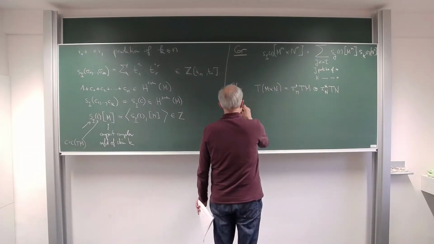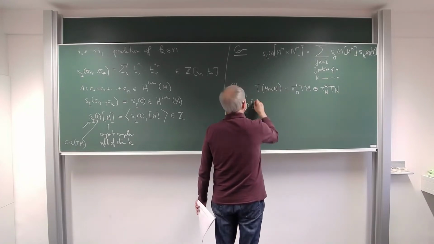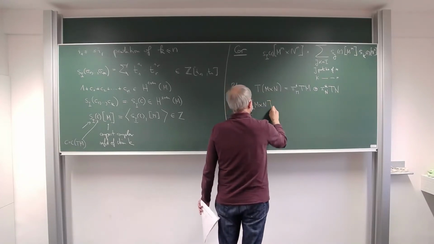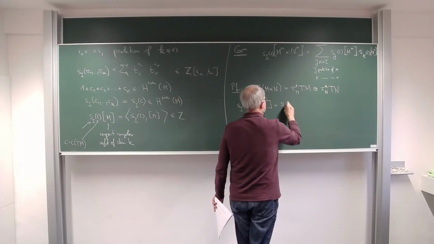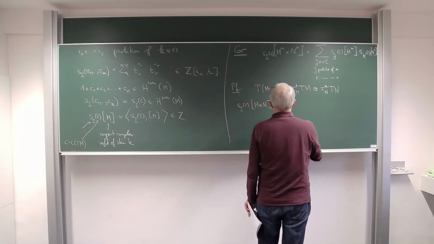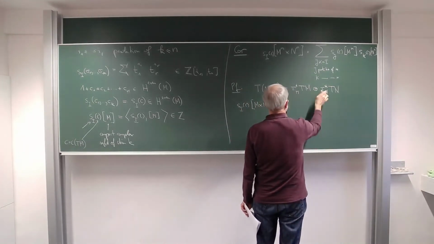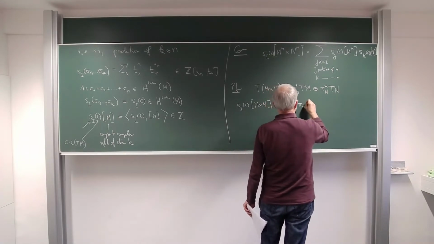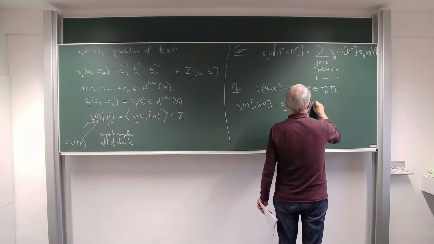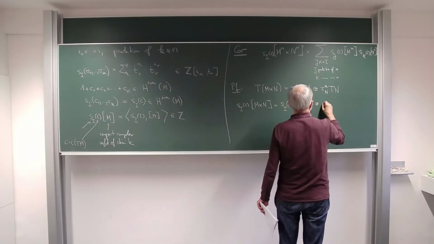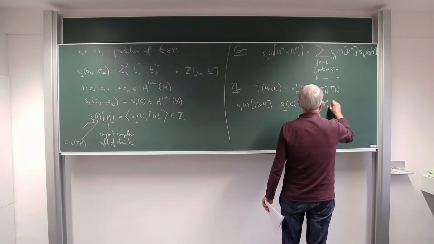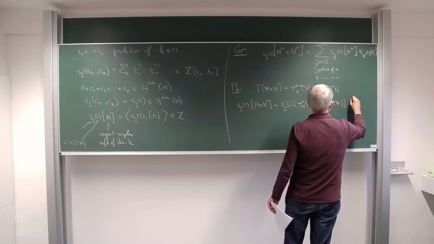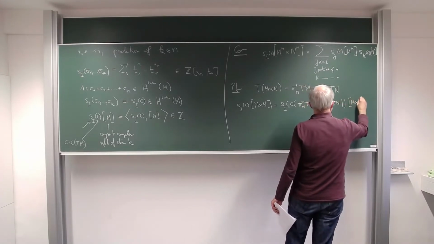So that means Si of C over M times N is Si of C of the sum bundle, integrated over the product.